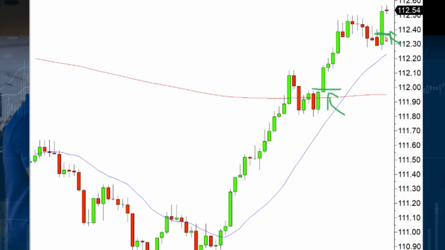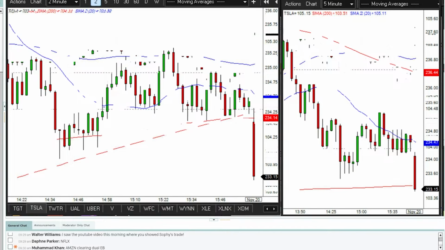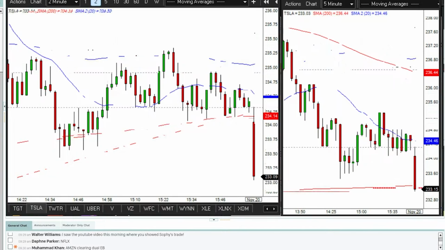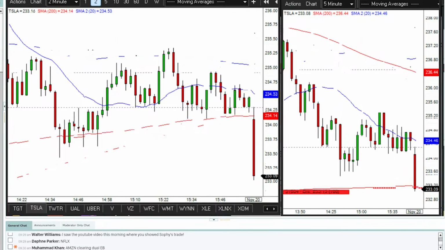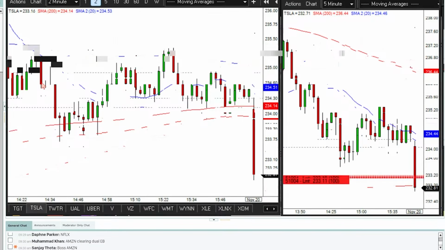And I want you using some of these concepts I'm teaching you to know when it's okay to maybe try that. So opening down here, Tesla, opening down from its 200 period moving average.